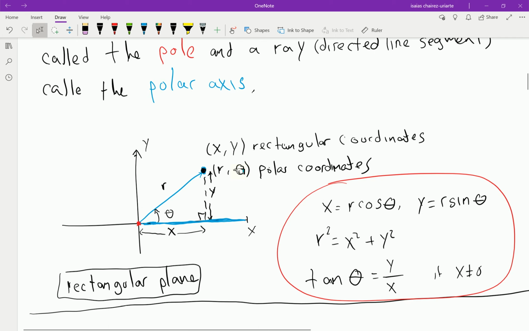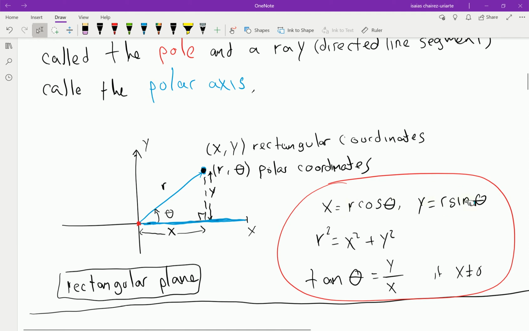Okay, so how do we go back and forth between these rectangular and polar coordinates? If you watched the video on 8.5, we've kind of already done this translating. Looking at this angle theta, cosine of theta is the adjacent, x, over r. So cosine of theta equals x over r. If I solve for x, I end up with x equals r cosine theta.